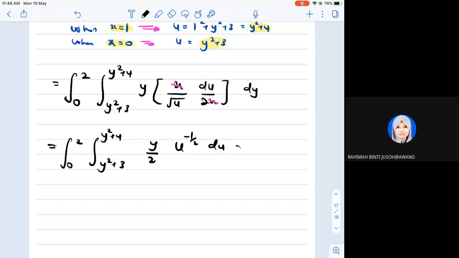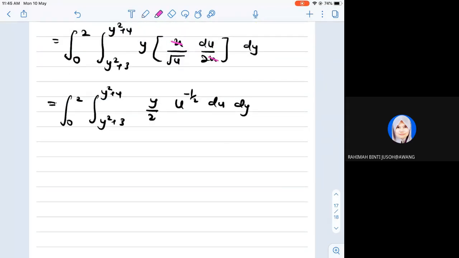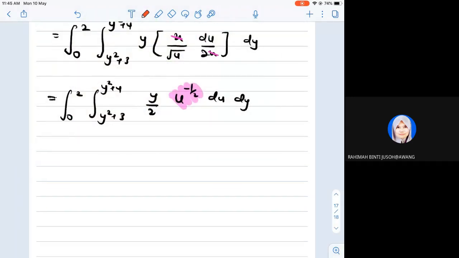And then du, dy. Gitu. Okay, so sekarang ni u kena integrate ni, u kuasa negatif 1 per 2 ni terhadap u. So negatif 1 per 2 tambah 1, jadi 1 per 2 kan? Nak integrate ni guys. Negatif 1 per 2 tambah 1. Jadi 1 per 2 kan?